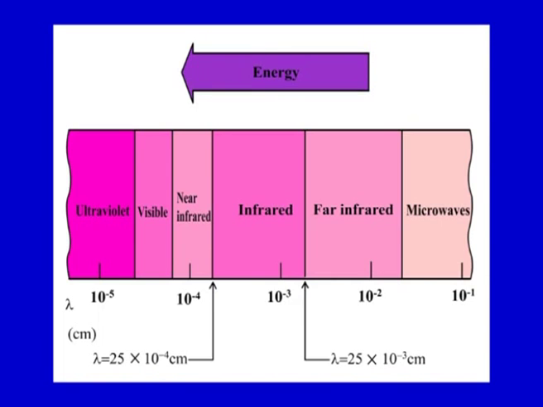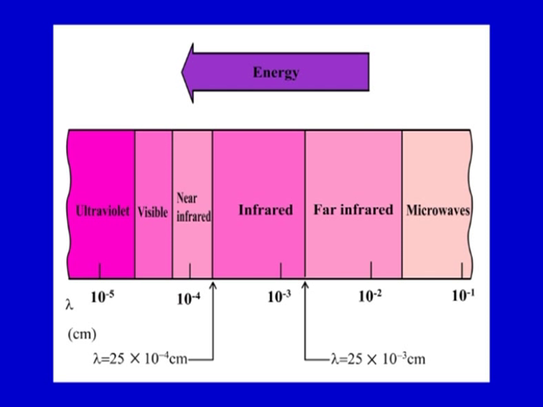Then near IR can excite overtone or harmonic vibrations. If you can see here, in the electromagnetic spectrum, infrared lies between visible, that is near infrared, and then far infrared, and this is between the microwave and visible regions.